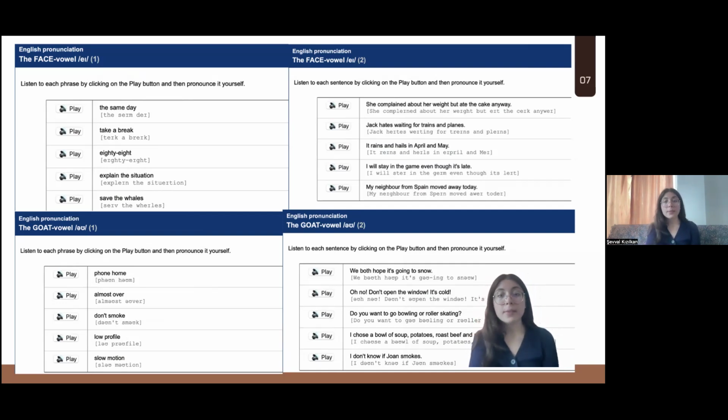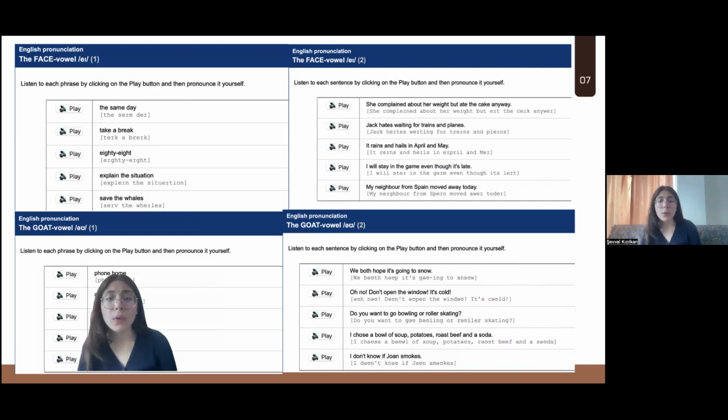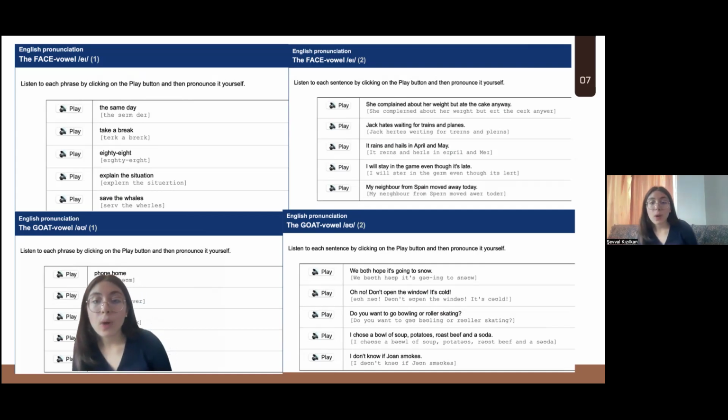Now we have sentences. We both hope it's going to snow. Oh no, don't open the window. It's cold. Do you want to go bowling or roller skating?